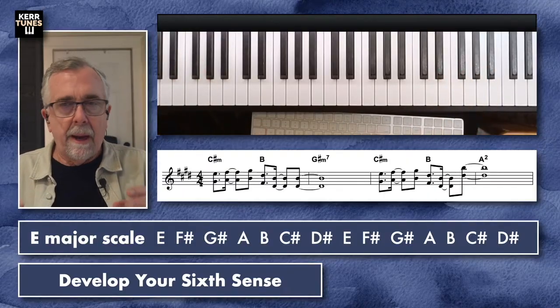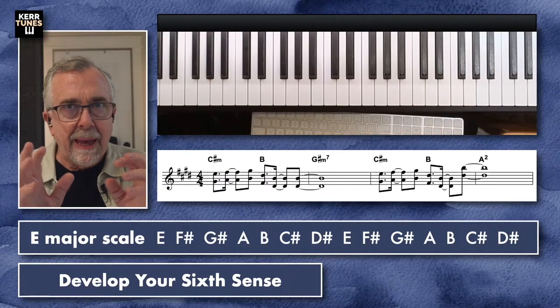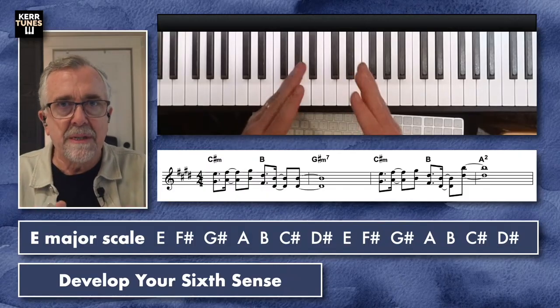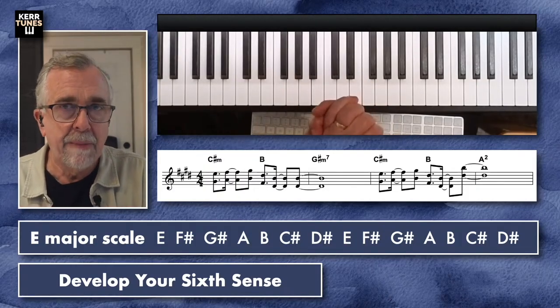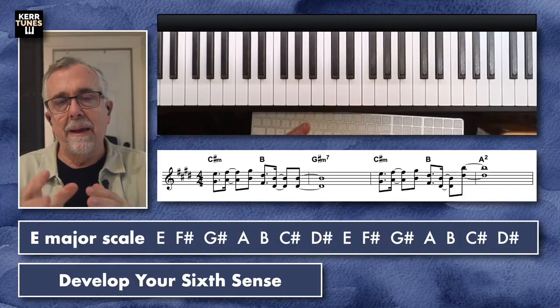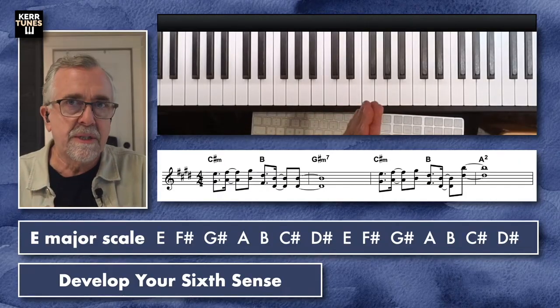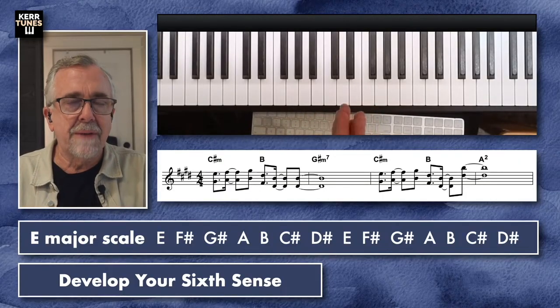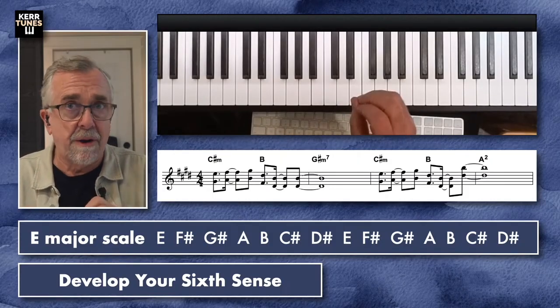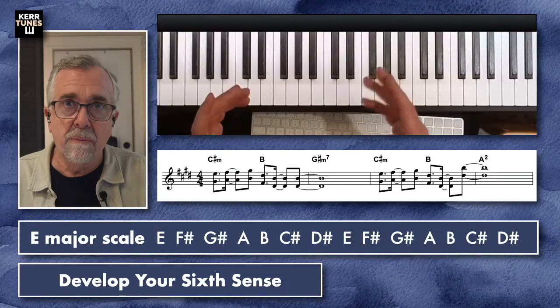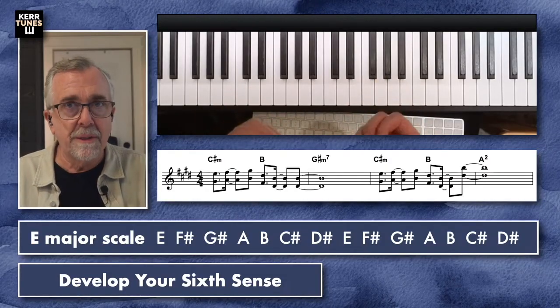And let yourself venture into some of these places where you don't quite know what you're going to play. Recognize that in the key of E, there are 7 notes. As long as you stick to those 7 notes, whatever you play, it might sound like it needs to resolve. Nothing wrong with that. What is dissonance? It's a note that wants to resolve.